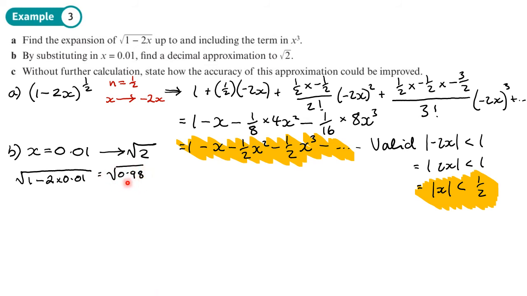So we're going to see, what do I need to do to the number I get out of this to turn it into the square root of 2? Well, this is where we're going to maybe use our rules for surds. So let's write 0.98 as 98 over 100 and see what we can do. Well, 98 is 2 times 49.